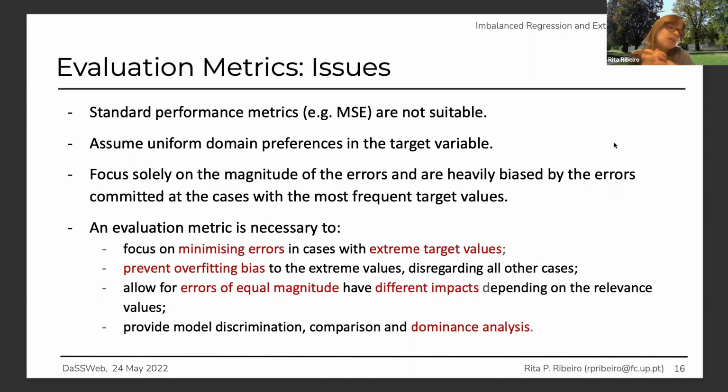It would not be very useful to have a model that is very good at those extreme values, but is very bad regarding all the remaining cases. So we don't want to just disregard the remaining cases, but we want to account for them somehow. We want to reflect this relevance as an importance factor for the errors, okay? The metric that I will present next also provides us a visual way to discriminate, compare, or select the models.